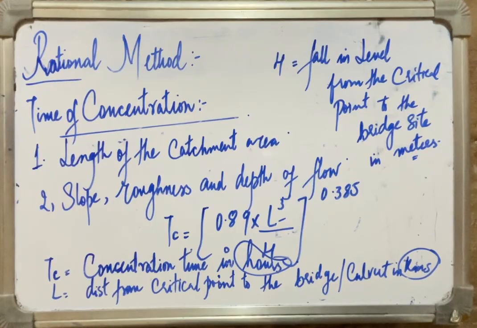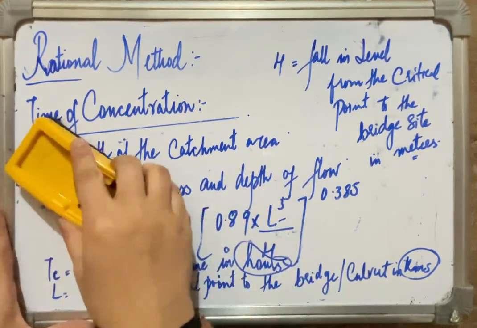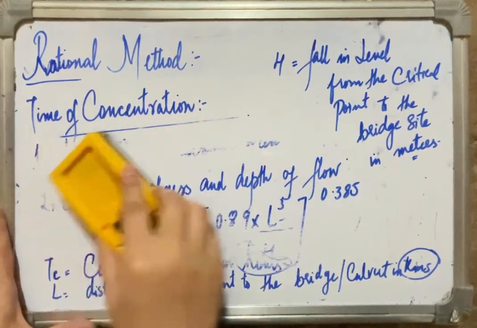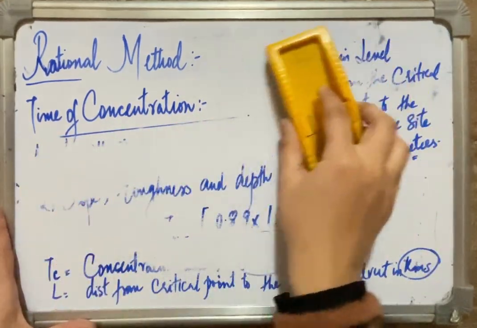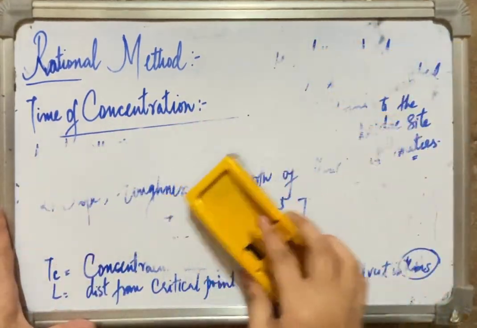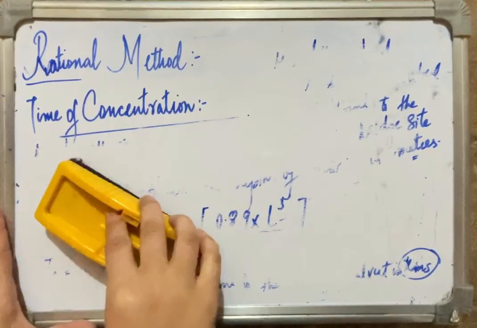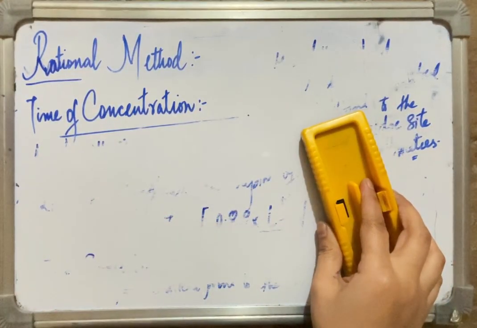So we have some more formulas to determine the time of concentration. We'll be studying them one by one. So time of concentration may be defined as the time taken by a runoff to reach the site of the bridge or culvert from the farthest point on the periphery of the catchment.